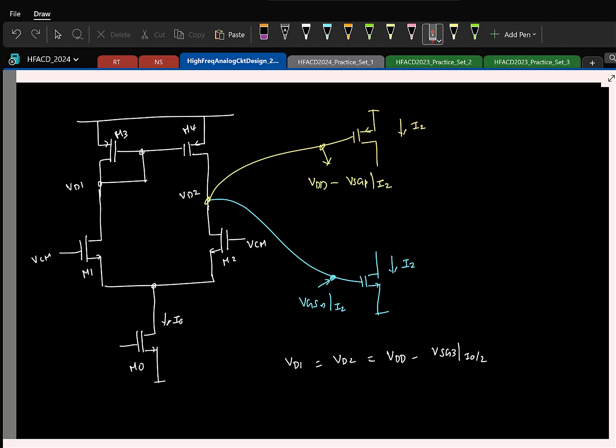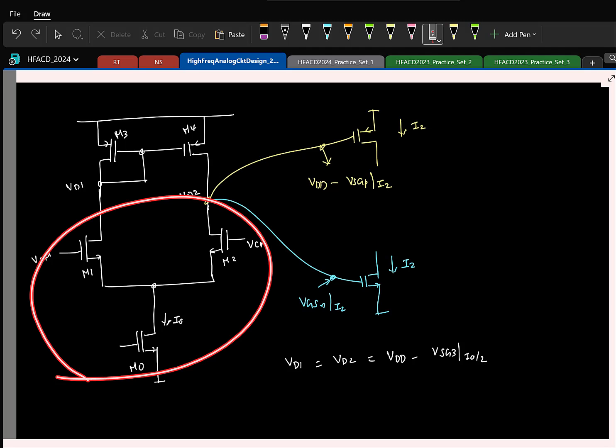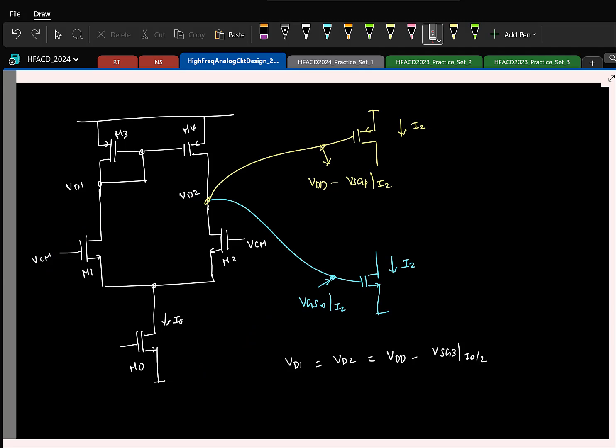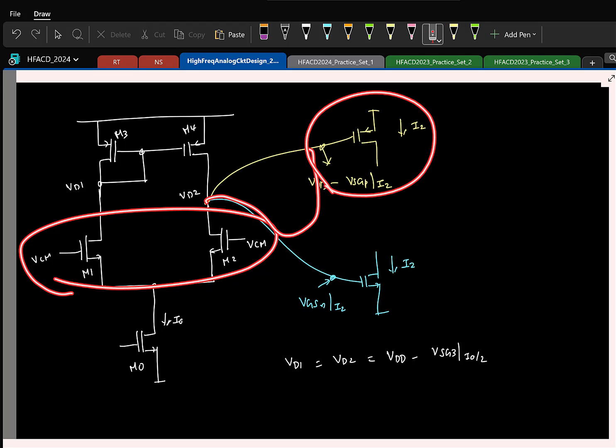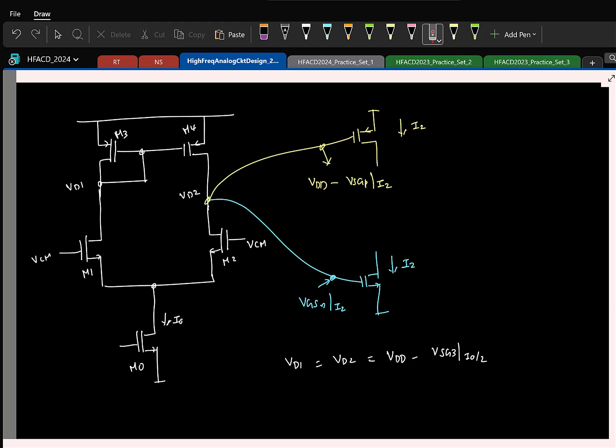So now you can naturally see that the first stage is automatically providing a voltage which is more compatible with the PMOS. So it makes sense to do that. So if you use a PMOS input diff pair here, then what would be the second stage? Here I have used an NMOS input, so it looks like the second stage is better off with the PMOS.